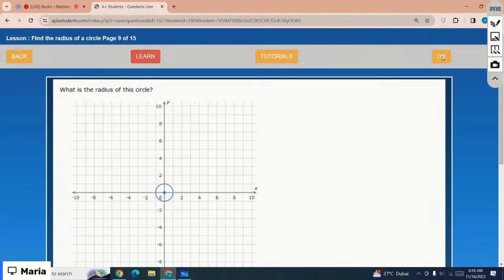Okay, what is the radius of the circle? So the radius of the circle is 1, right?